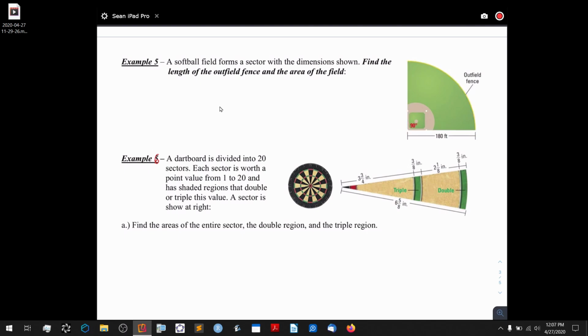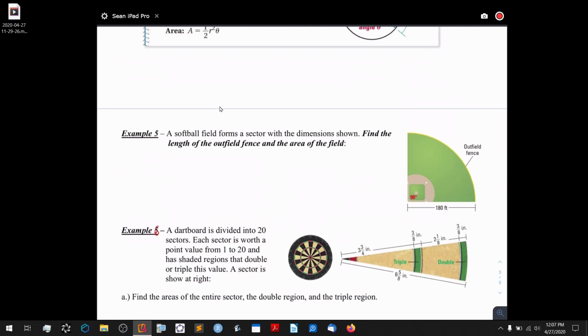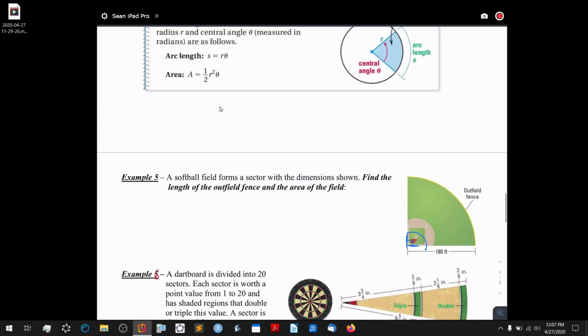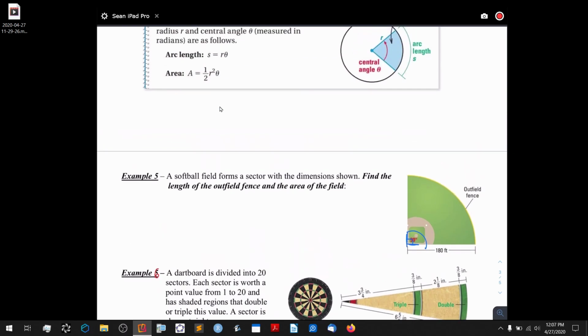And so all you have to do then is say, oh, here's the central angle, which is 90 degrees in this case. If it says find the length of the fence, well, the length of the fence would be the arc length. So this means arc length here, and then find the area of the field. The area of the field would be very important if you want to order pre-made square grass patches to plant the field.